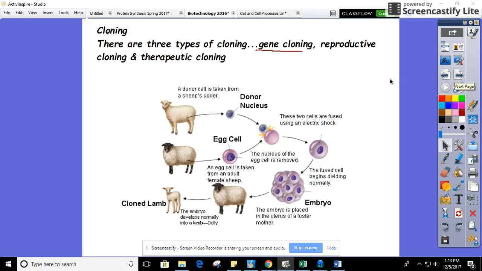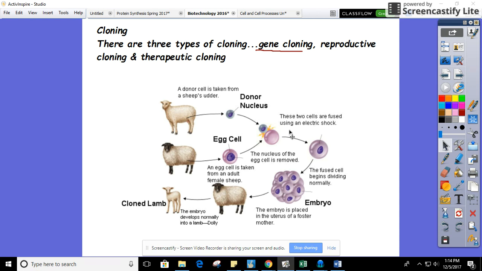Cloning is a process that is going to create an exact copy. So whether it's gene cloning or reproductive or therapeutic cloning, the idea is that there is an exact copy of either, again, a gene or an organism.